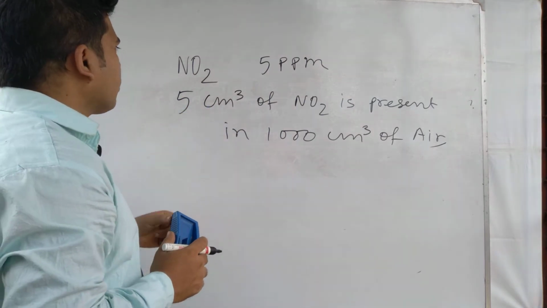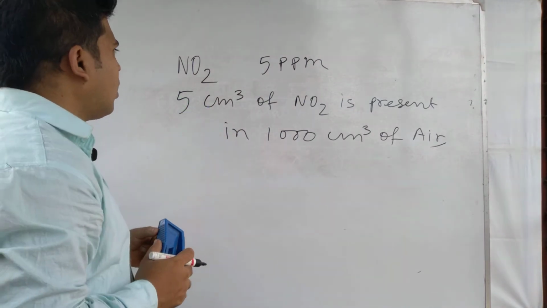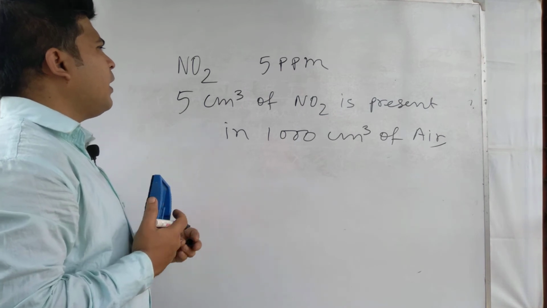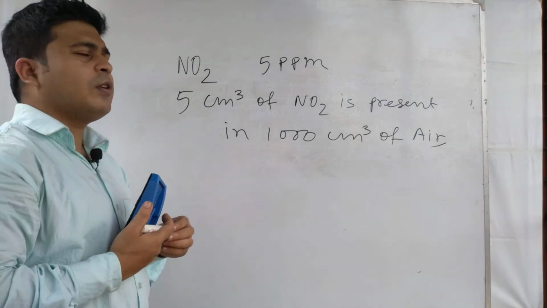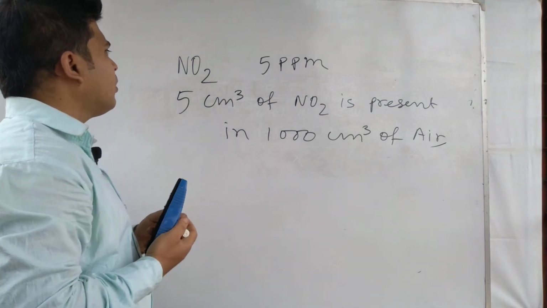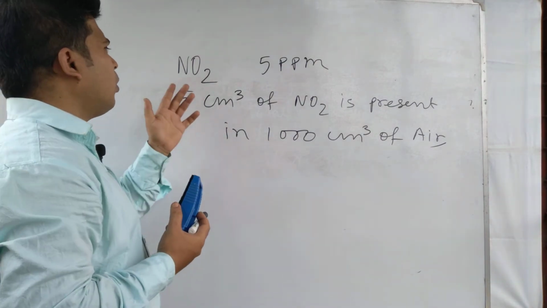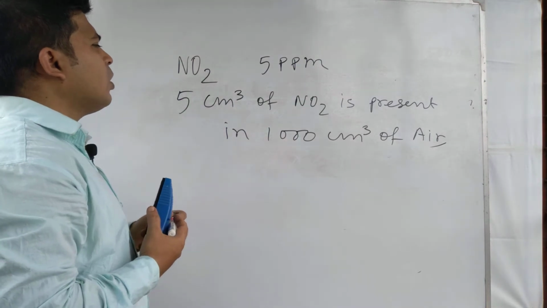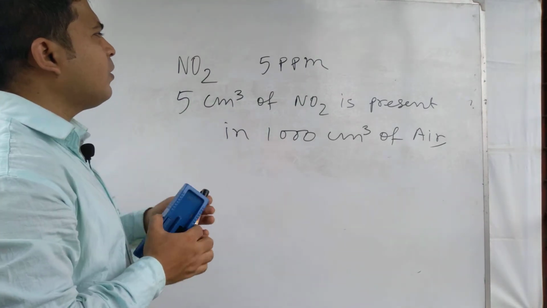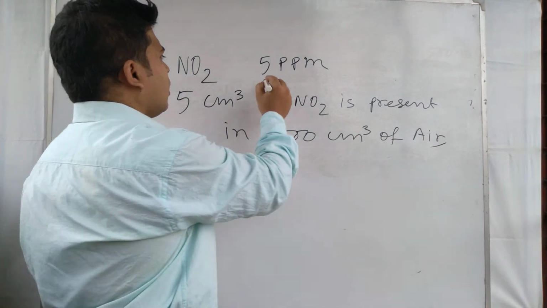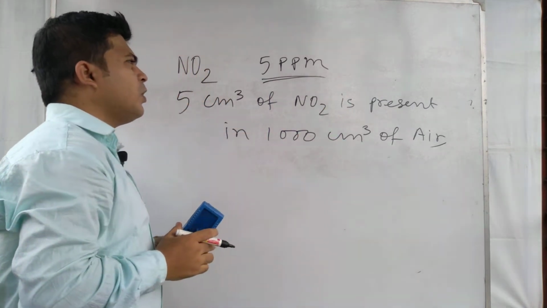So in this way we can express the concentration of atmospheric pollutants like NO2, a harmful pollutant, in ppm unit. It is one of the uses of ppm unit.